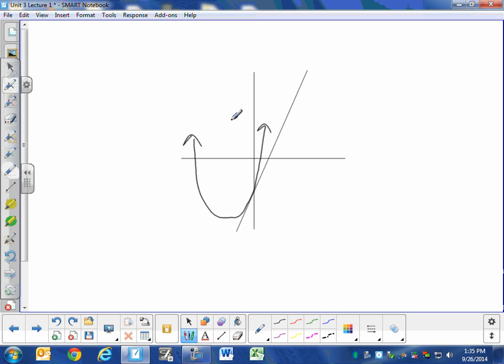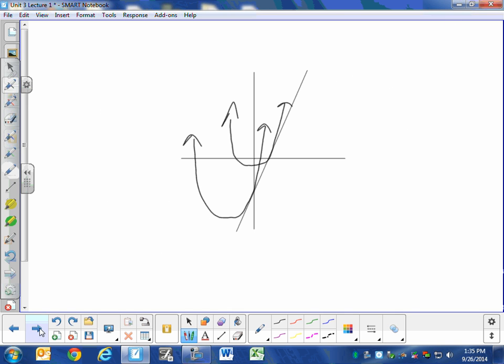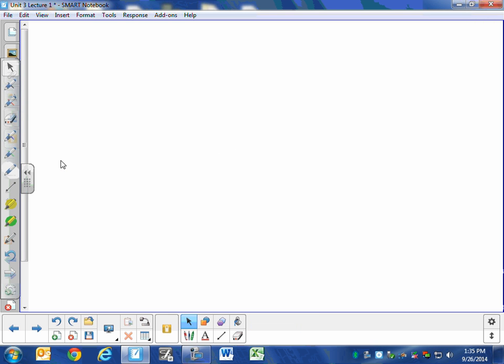And maybe I have another situation where it's tangent higher than that. We could actually have a lot of quadratics, not necessarily two, but in this case, when it's just x squared minus kx, there are just two, which is cool. Okay, so that's that.